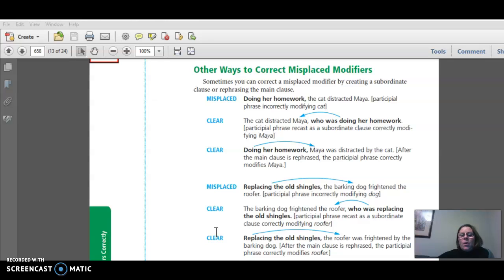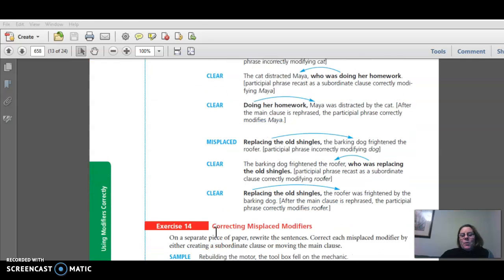That works. Or you've got to move the roofer into the right place, right? So, replacing the old shingles, the roofer was frightened by the barking dog. Now that's clearer, but it also has what's called passive voice, which makes it wordy. So I certainly like the middle one better. Anyway, moving on.